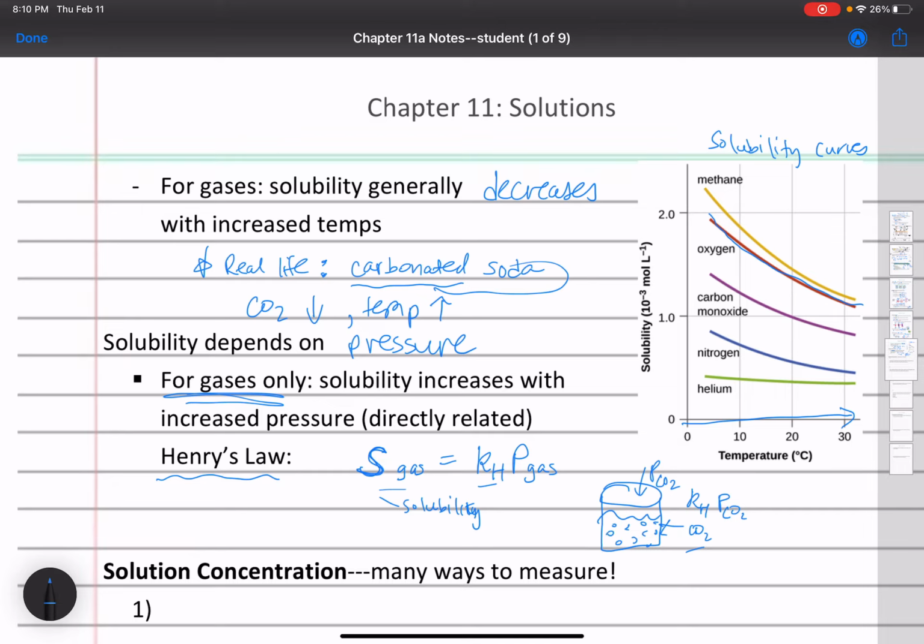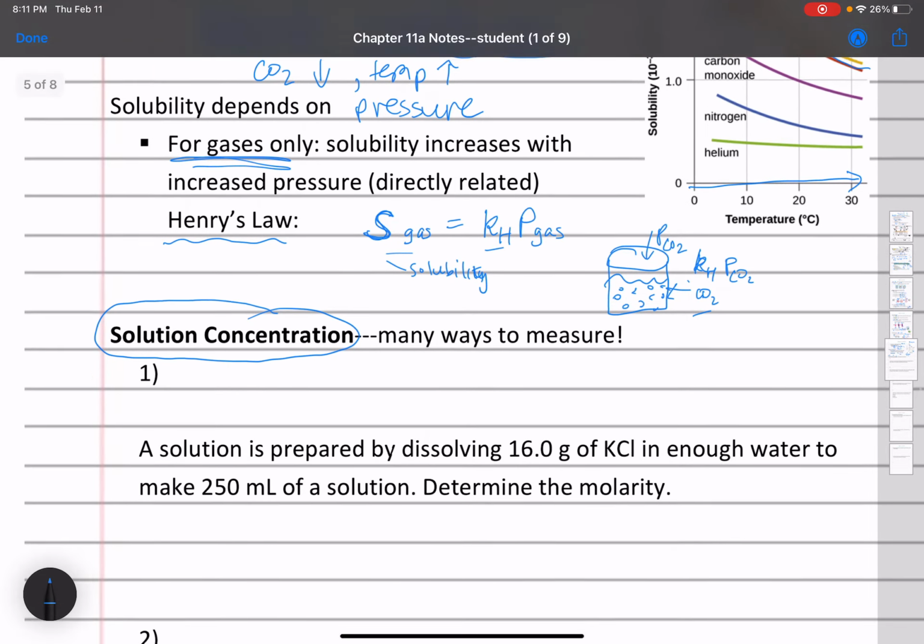And the Henry's constant, I think, is also specific to temperature. So you can do mathematical problems here. We are going to choose to spend our math energies on concentrations. So there's a lot of math here to do.